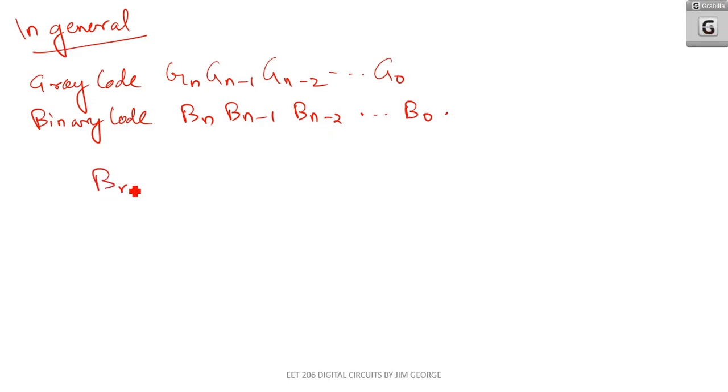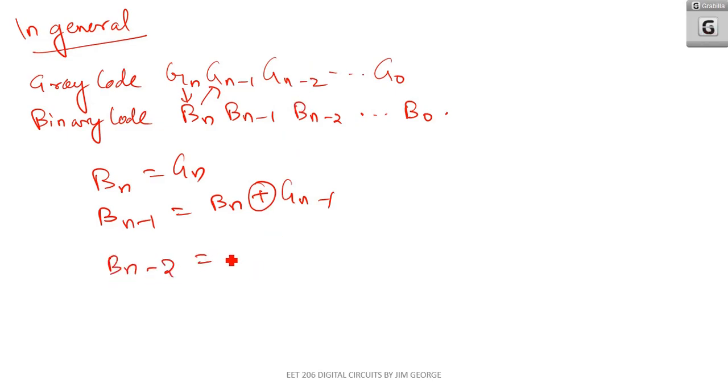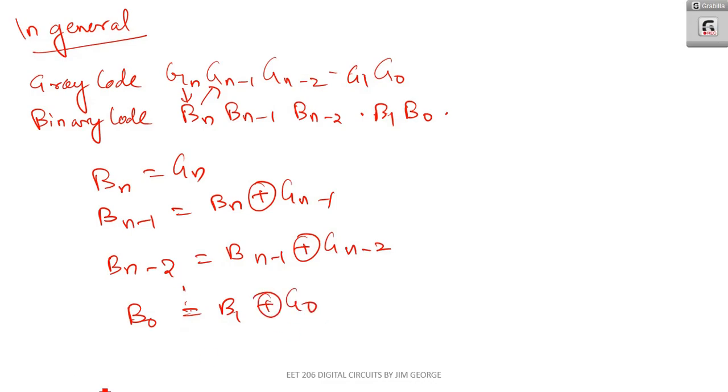Then b(n-1) is equal to g(n-1). Then b(n-2) is equal to b(n-1) XOR g(n-2), etc. Here you will get b0 is equal to b1 XOR g0.